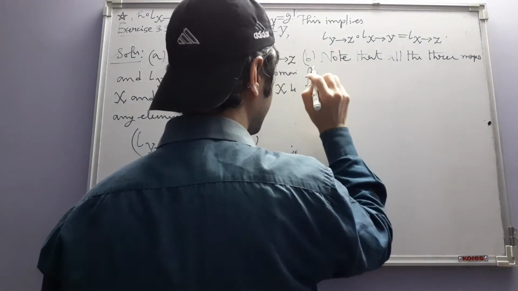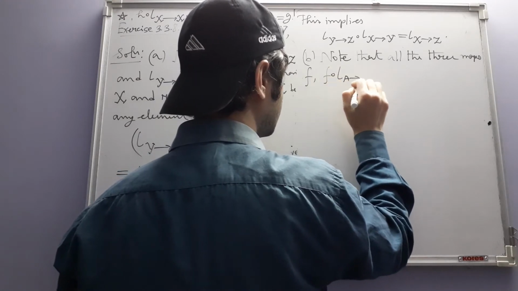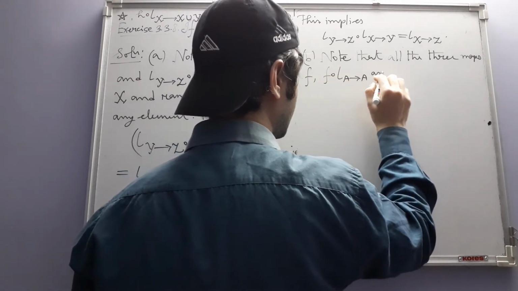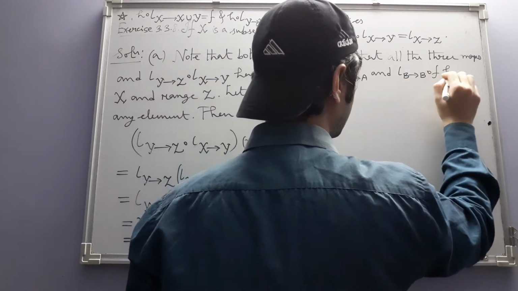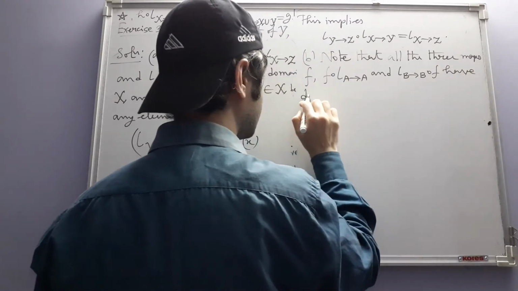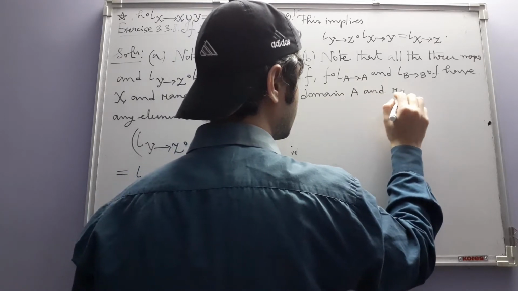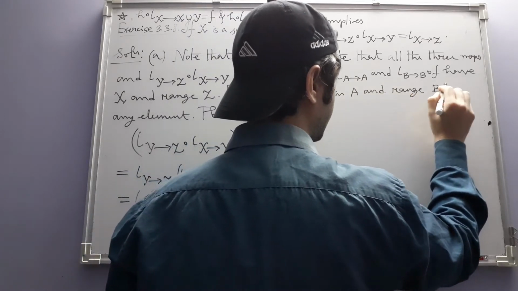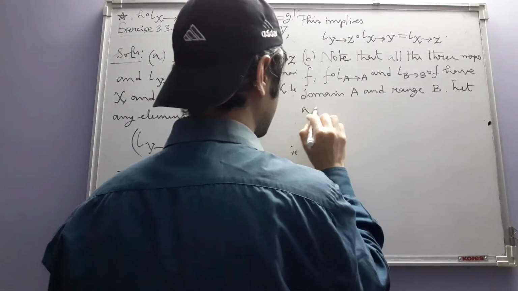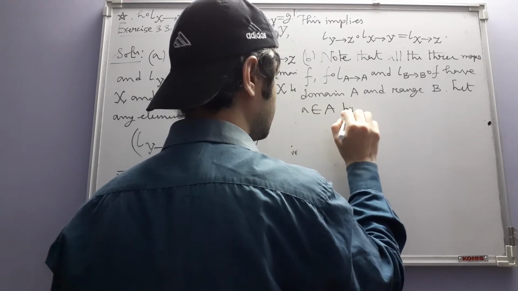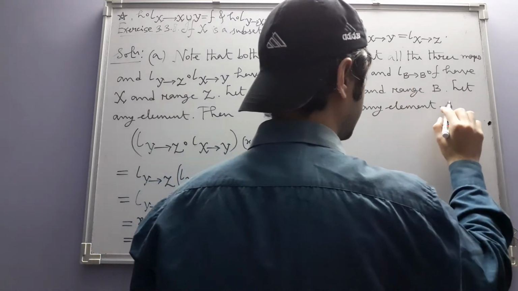Maps, F, then F composition, this, and have domain A and range B. Let a belonging to A be any element.